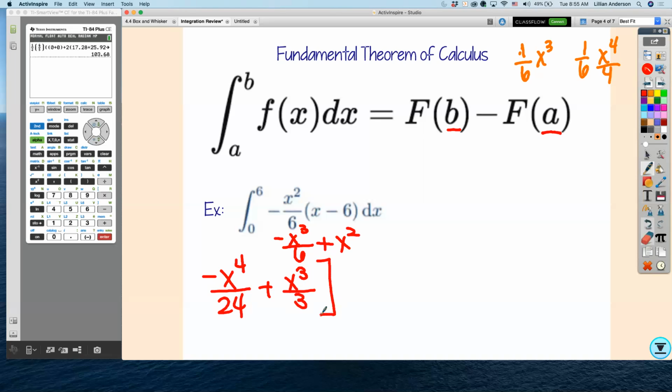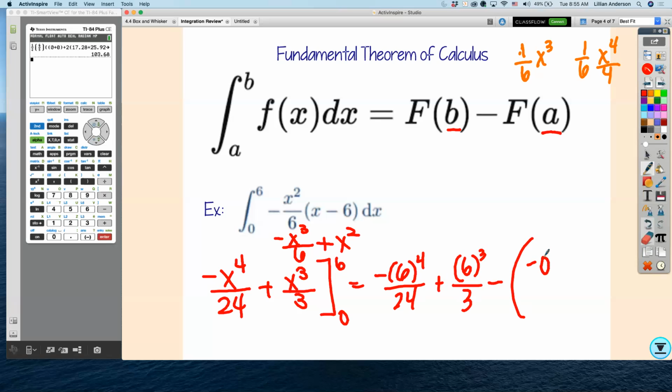So then you would evaluate it from 0 to 6. You would plug in your upper bound into the function for all of your x's. Then you would subtract it from what you get when you plug in your lower bound. Luckily, our lower bound is just 0.